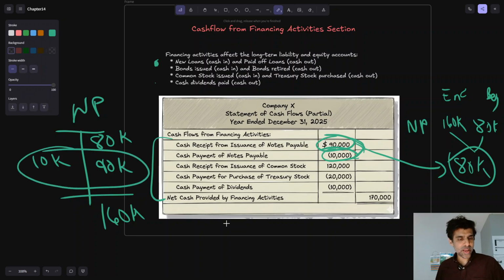And somehow you'll have access to the information that will tell you how this is split out. But remember that it is split. Okay, you can't just look at the net change and assume that you've taken on new loans of 80,000, because that's not right. You actually took out new loans of 90 and you paid off 10.